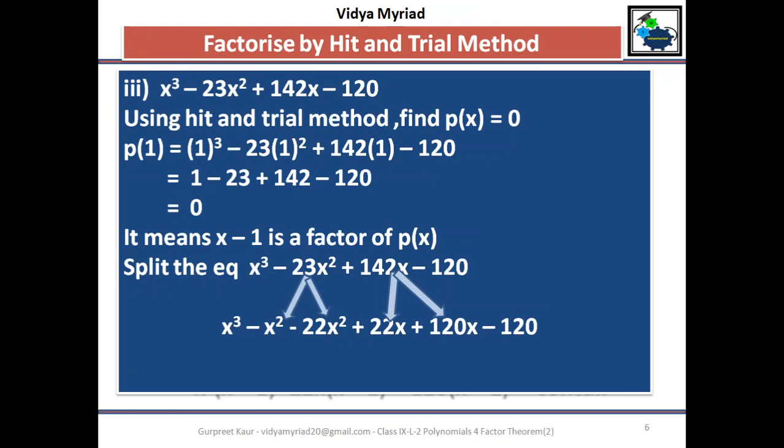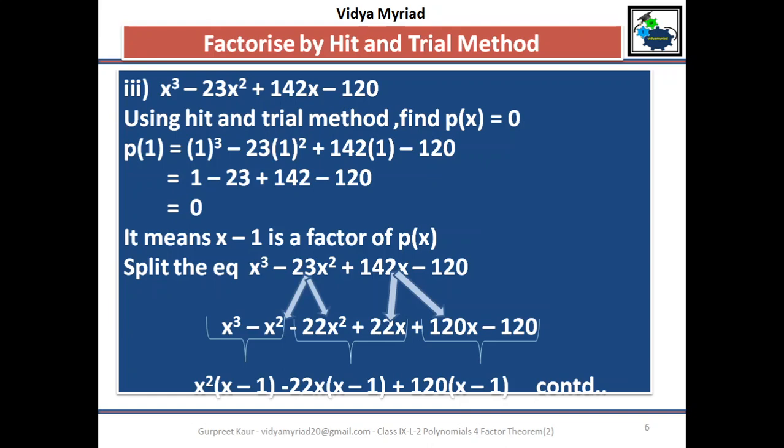Okay, now see what I am doing. I have made this as my combination: x cube minus x square, then 22x square plus 22x, then 120x minus 120. What I have done in the first case, see, x square is common, so x minus 1 has come inside.